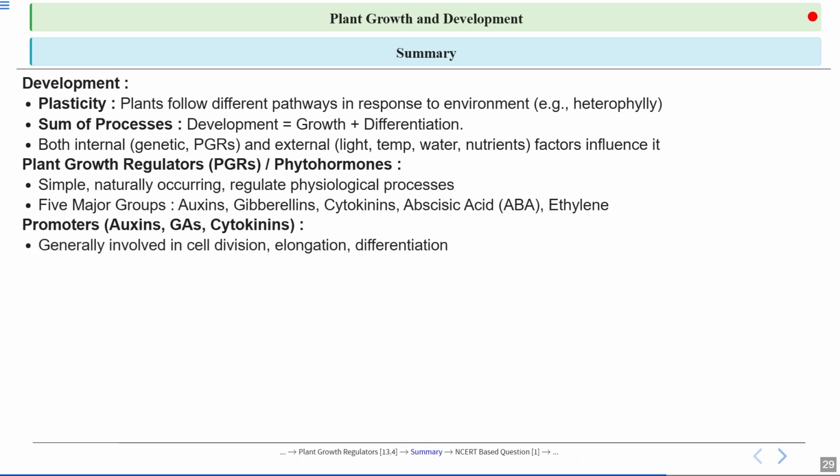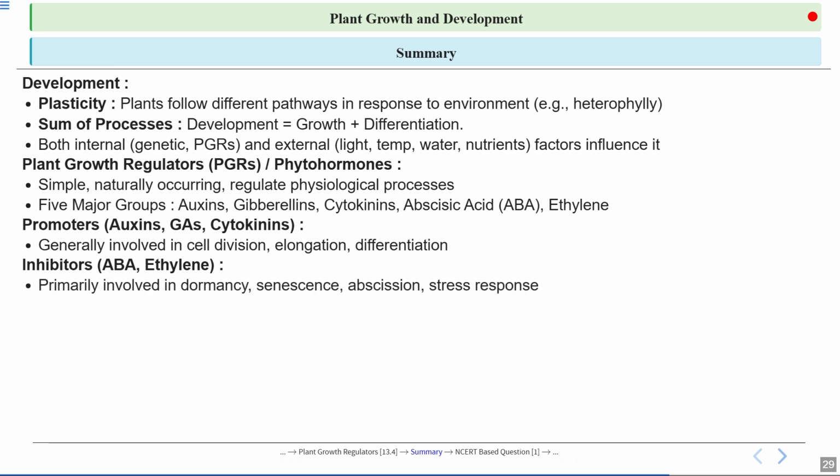They bring about cell division, elongation, and differentiation, whereas some are the inhibitors like abscisic acid and ethylene. They are primarily involved in the dormancy of seed, senescence, aging in the plant, abscission layer formation, and some stress responses. So ethylene can be a promoter as well as an inhibitor.